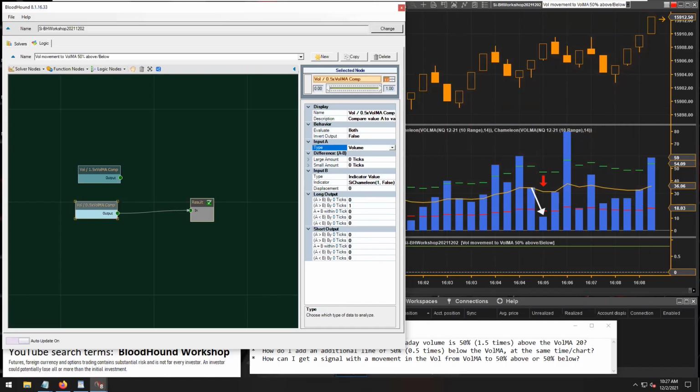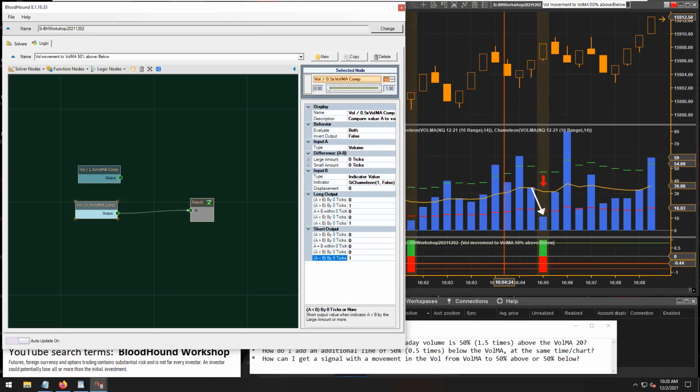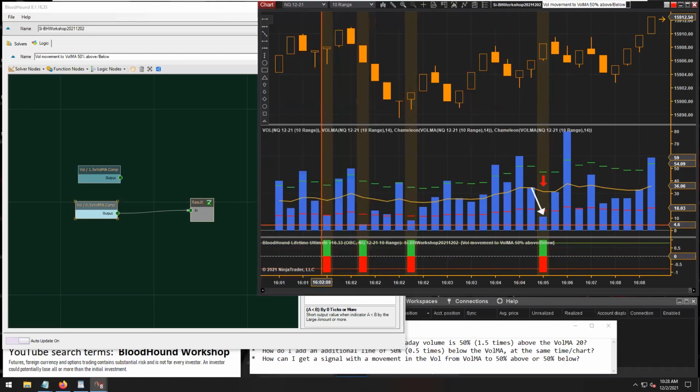What's A? Volume. The volume is less than the Chameleon plot when it's below. So we want A being less than B now, like so. And there we go. Now whenever the volume is less than 50% of the volume MA, all those conditions are marked.